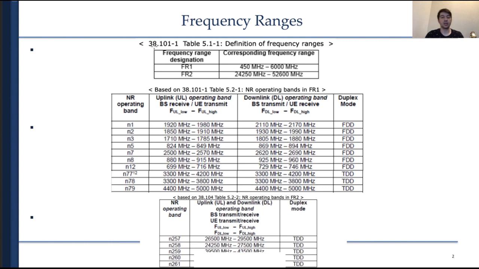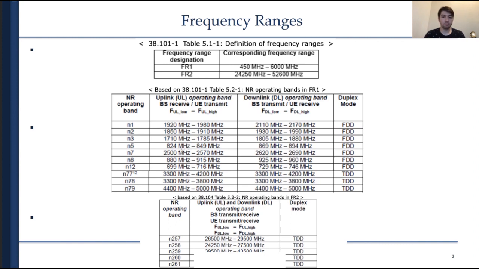As in the last lecture we discussed, in order to know 5G specifications you have to read technical reports or technical specifications. So in this case we have technical specification 38.101 and table 501. If you download the documents, it's open access. You can open it and see the same table.